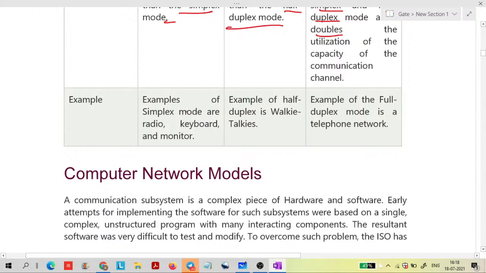The examples are the keyboard, radio, monitor, walkie-talkie, and telephone network. These are the examples of simplex, half duplex, and full duplex modes of data transmission. So this is about simplex, half duplex, and full duplex.